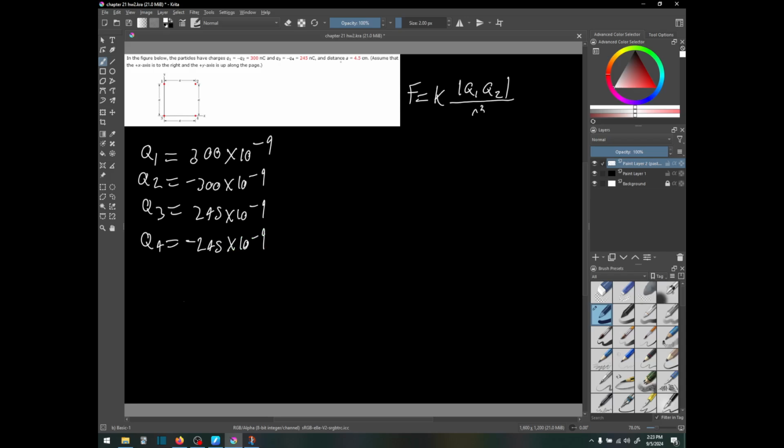It wants us to list how all the charges interact with particle 3. So our next step is the forces of 3 with 1, the forces of 3 with 2, and the forces of 3 with 4.